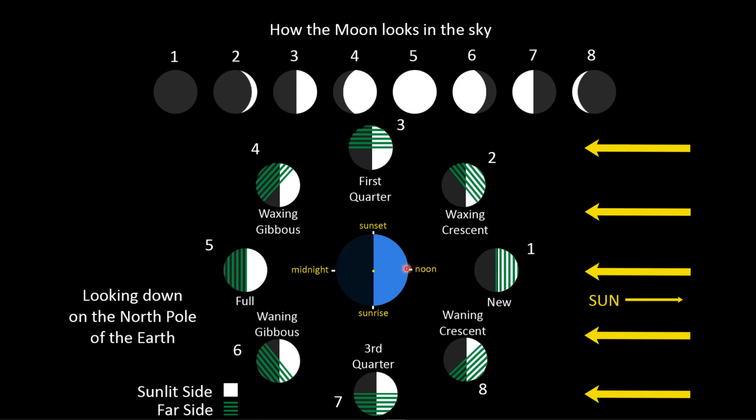So what this means is if you're standing right here, then it is noon, because if you notice, the sun is directly over your head. If you're standing right here, then the time of day is sunset, because you would have to see the sun on your horizon. Midnight and sunrise are similar.